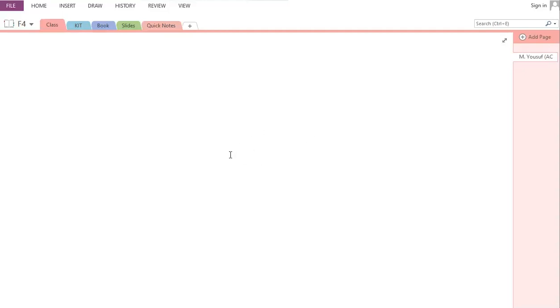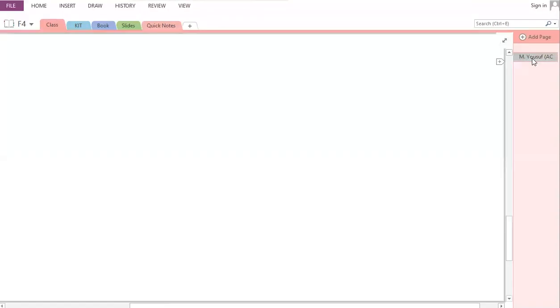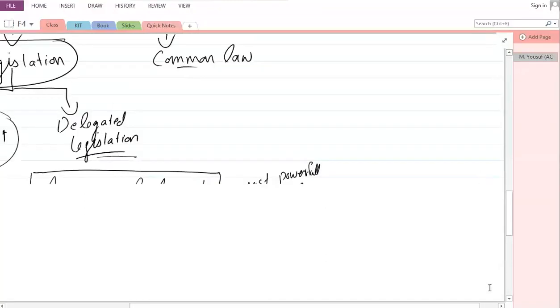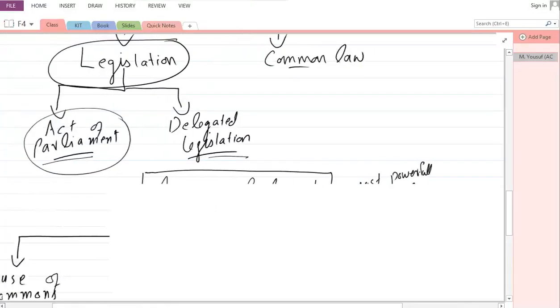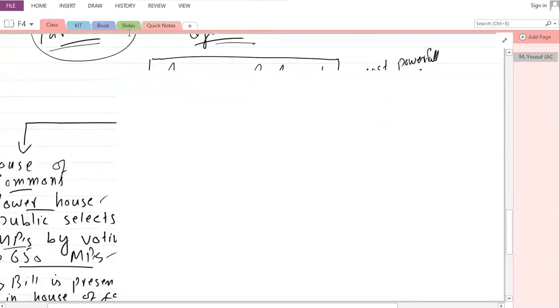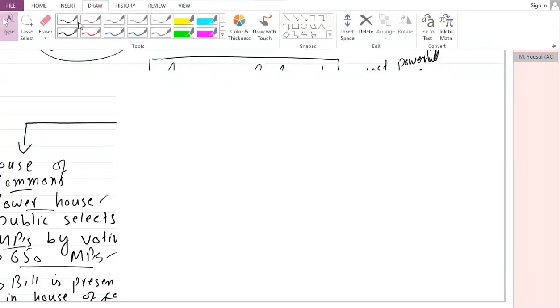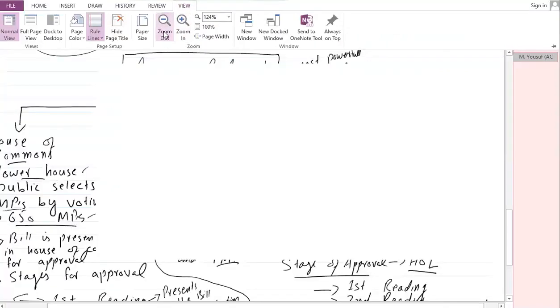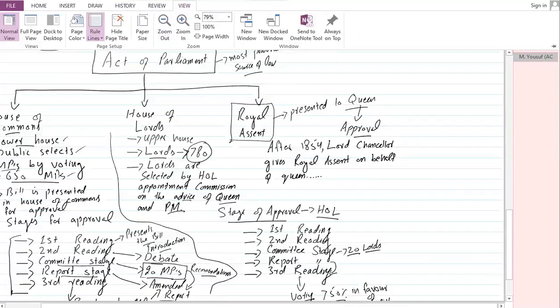That class tab will appear shortly. So there it is.